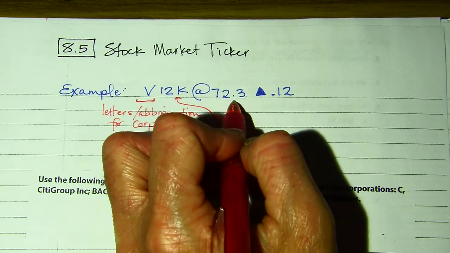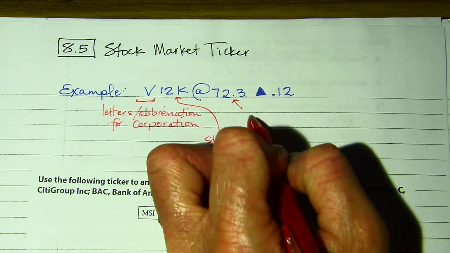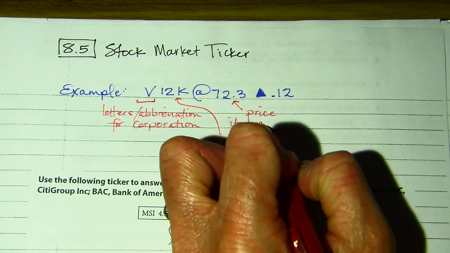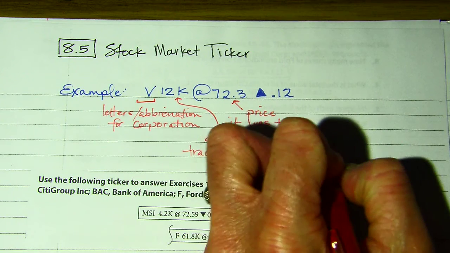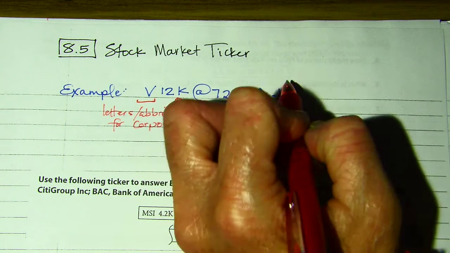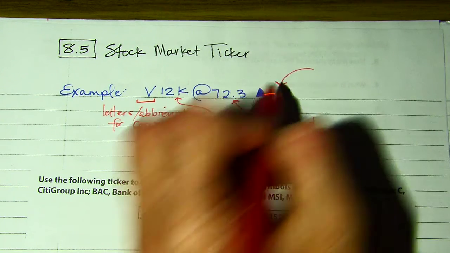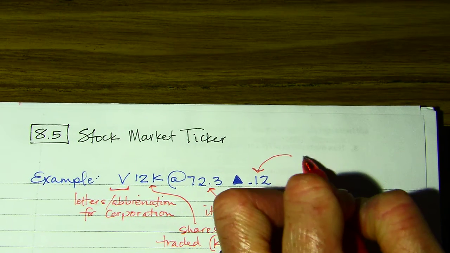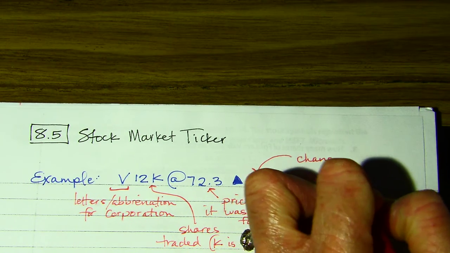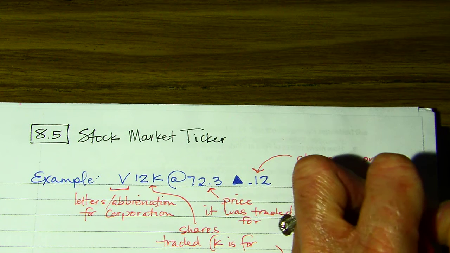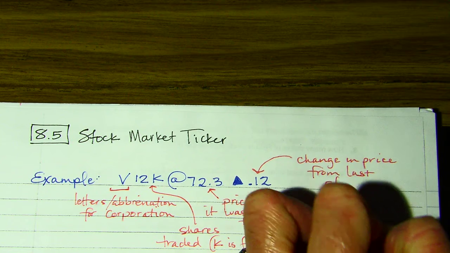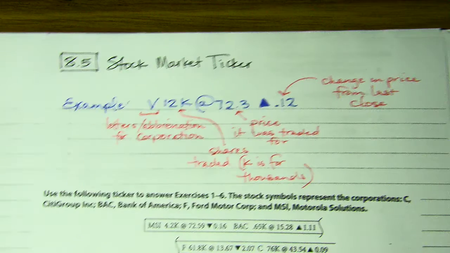The number after the @ symbol is the price it was traded for. And then this next part is the difference or the change in price from last close.